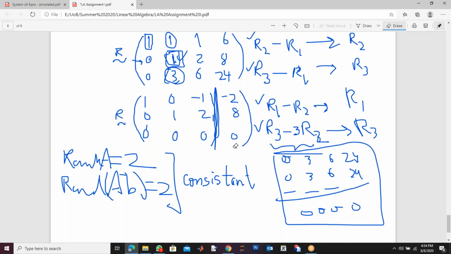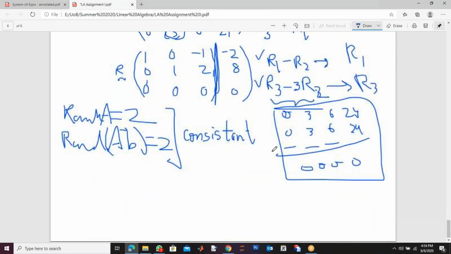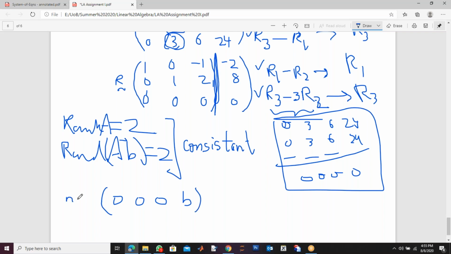But fortunately it is the same thing. So you can say that there is no row like 0, 0, 0, B in the echelon form. No row like this in my echelon form. So I can say that it is consistent.